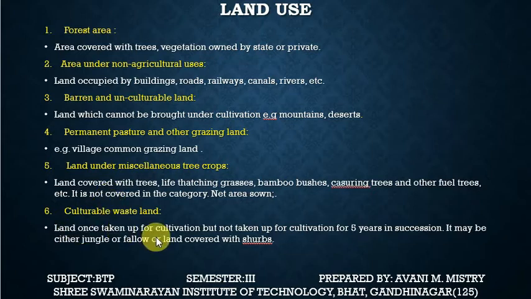The land was taken up for cultivation but not cultivated for 5 years in succession. That means land once taken up for cultivation, you can use the land only once, later you cannot use it for cultivation, so that is called cultivable wasteland. Okay, then it may be either jungle or fallow or land covered with shrubs.